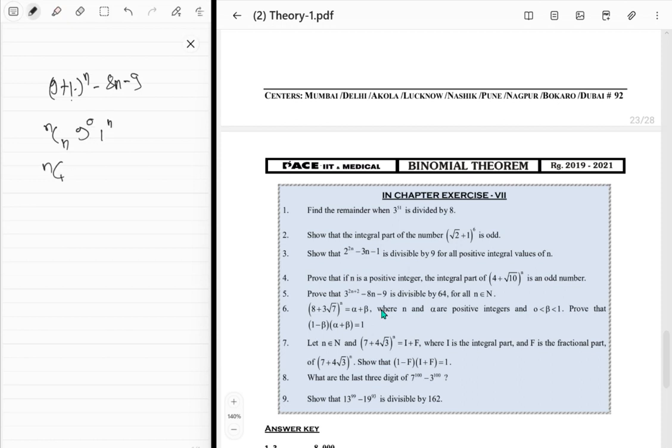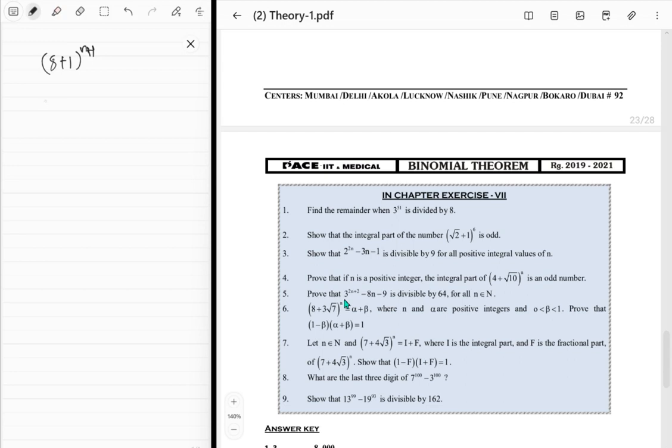Then you got nCn minus 1, 9 power 1, 1 power minus 1, right? Sorry, it should have been 8 plus 1, because 3 power 2 was 9, and it should also be n plus 1. So it's supposed to be 8 plus 1 to the power of n plus 1. That's what this first term is.